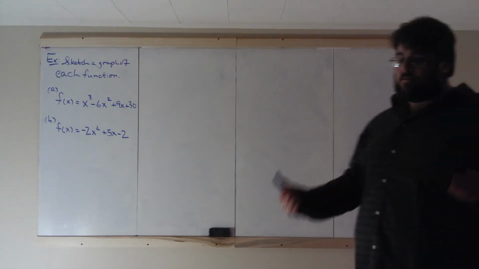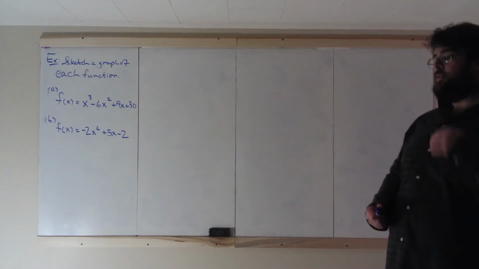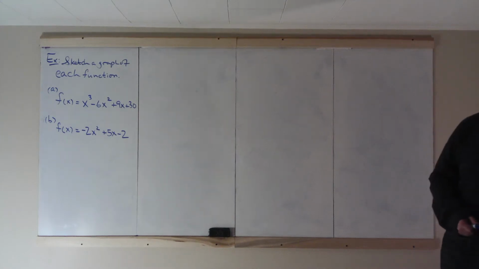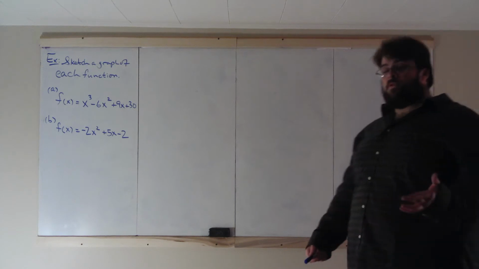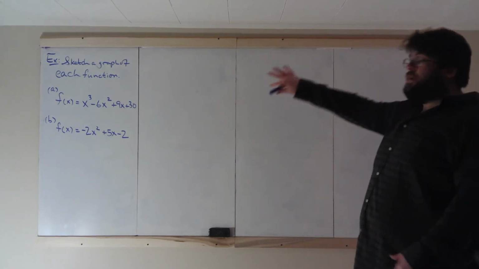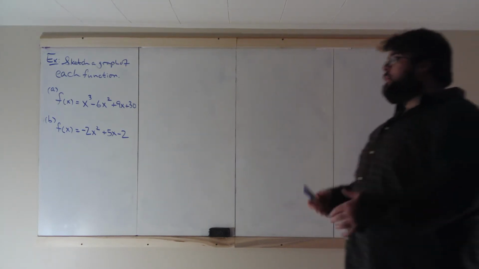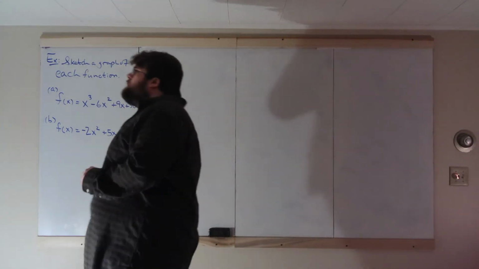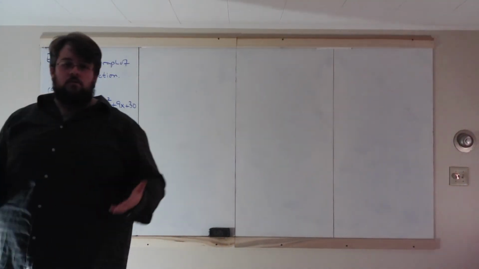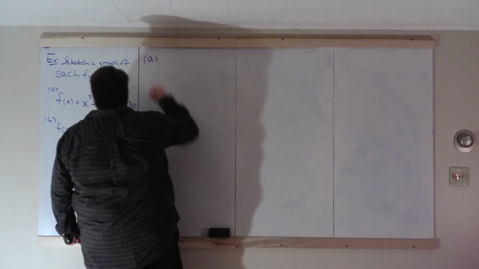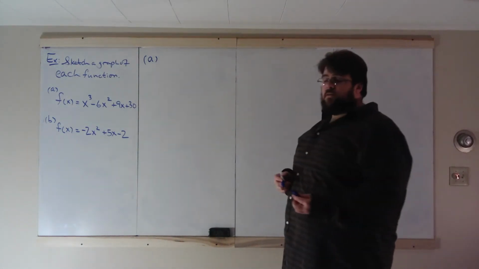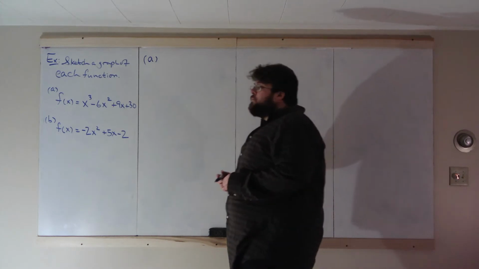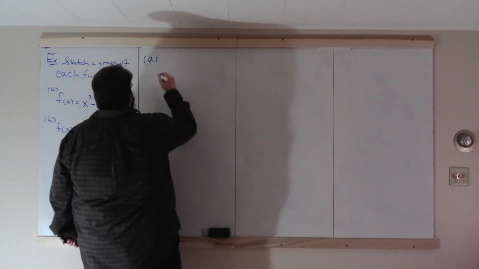Some of the derivative computations and setting them equal to 0 get pretty rough, but I would recommend looking through them and observing that all of those graphs are just the previous 4 graphs put together, with some asymptotes in some cases. But you will be tested on a polynomial, so let's do 2 polynomials. X cubed minus 6x squared plus 9x plus 30. Well, we need where the first derivative is positive, where it's negative, and where the second derivative is positive, and where it's negative. So let's find the first derivative.